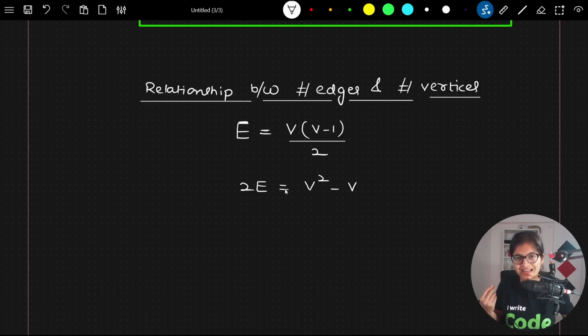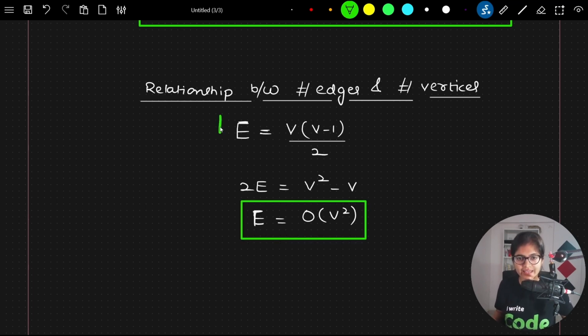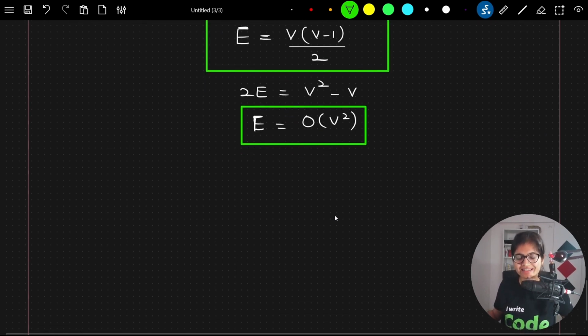In terms of big O time complexity, can I write that the edges is equal to big O of V square? Can we write like this? This is the thing that we already know. From there, we get to know that the edges can be written in terms of approximations as V square.